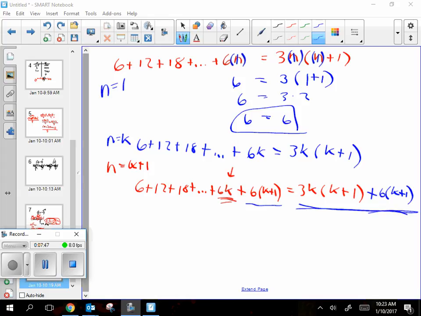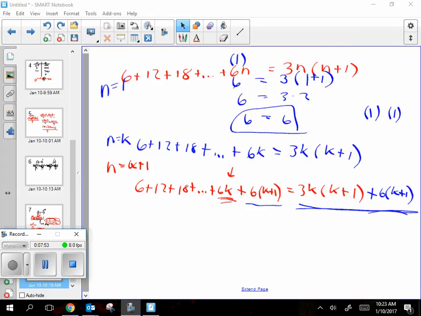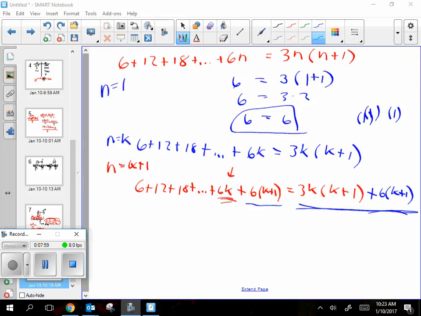The goal. The goal is to prove that the original statement, which is up here, okay, I'm going to clear out this stuff so that I can see it better. This red original statement would have been true if I'd have put k plus 1s here and here. So I'm going to write my goal down here in green.